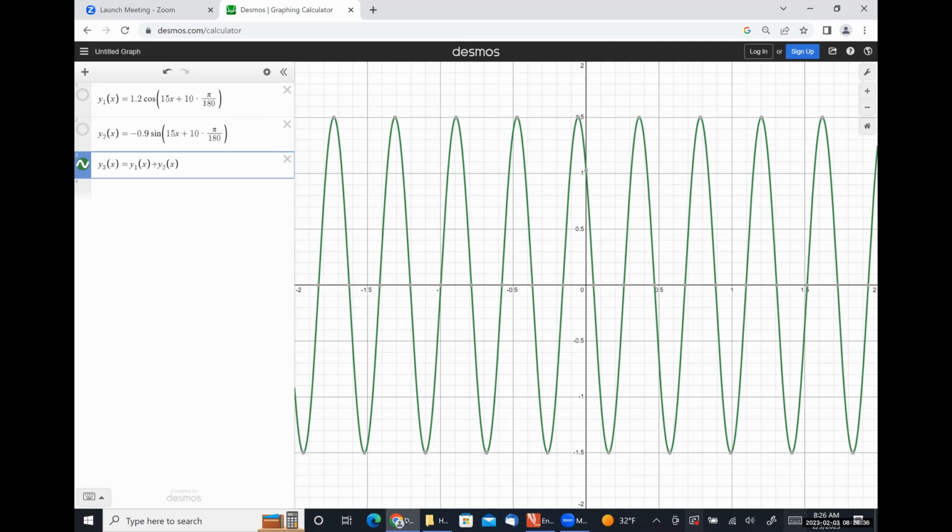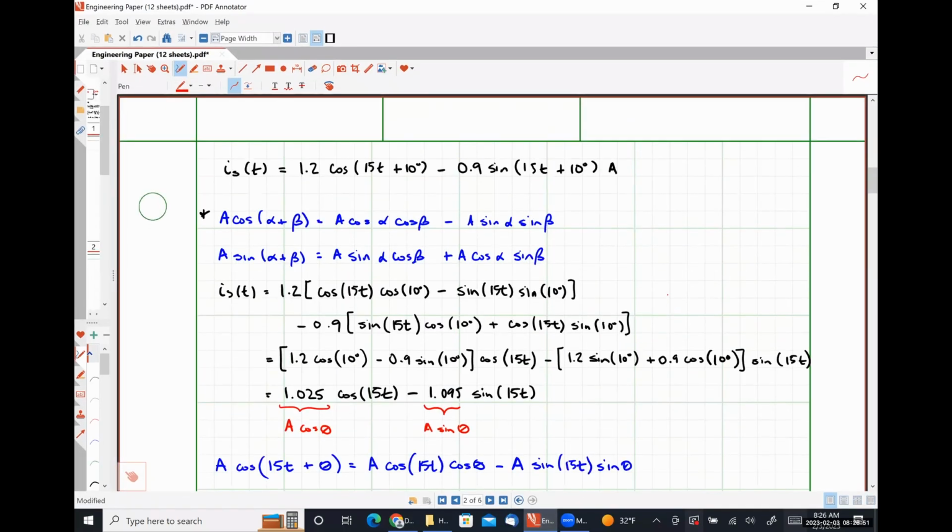So why don't we just convert this sine to a cosine? That's a fantastic question as well. So let me tell you why it doesn't work. The question is, what would happen if we converted the sine function to a cosine function from the jump? So that we'd have 1.2 cosine of 15t plus 10 degrees, minus 0.9 cosine of 15t minus 80 degrees.